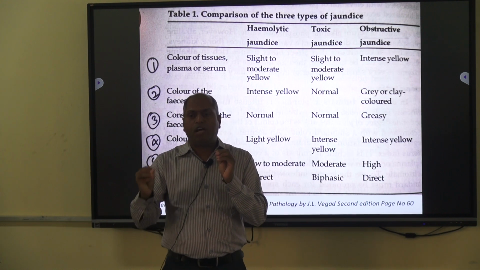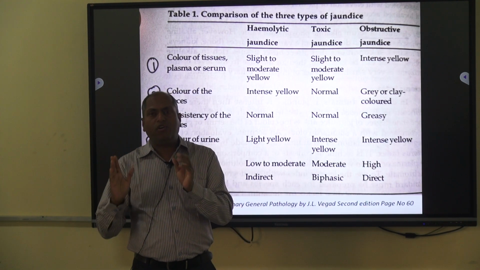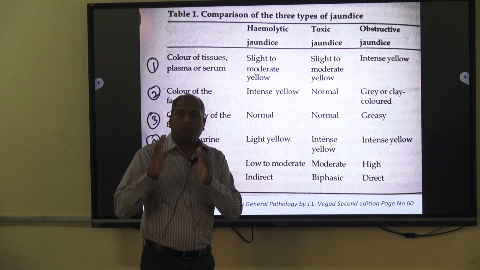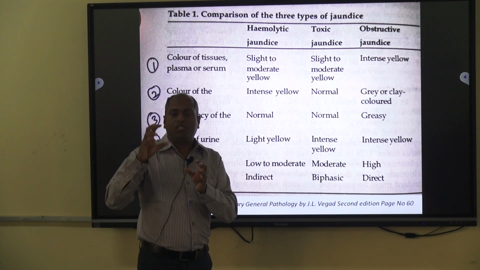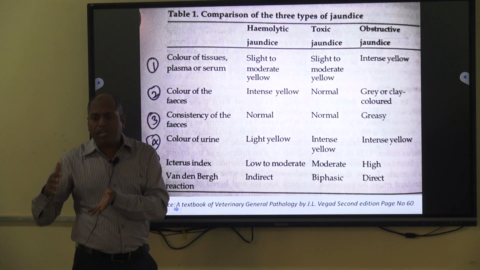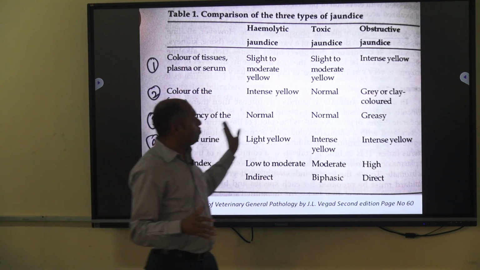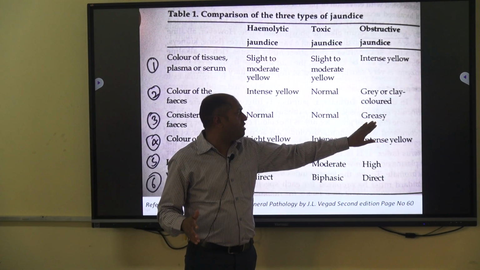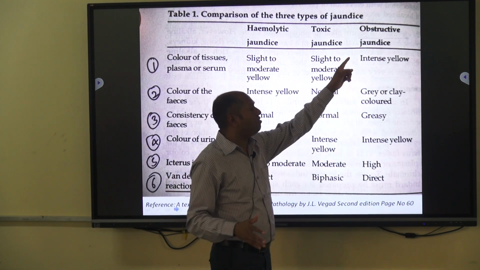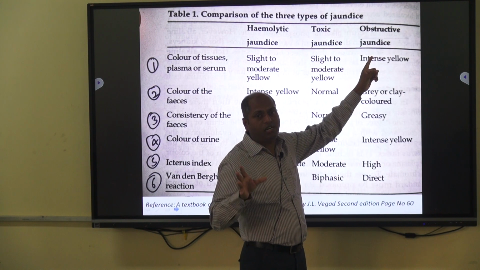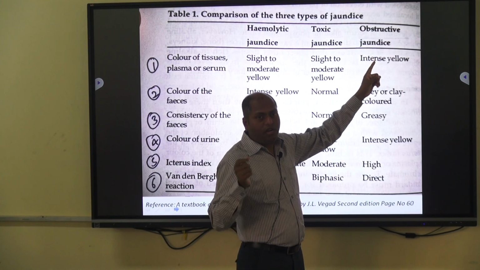Bile will not come into the intestine and will not emulsify the fat. When emulsification of fat does not happen, the fat will not be digested and will appear in the feces. So the feces will appear fatty or greasy. Instead of normal feces, you will get greasy feces in obstructive jaundice, because bile is obstructed and is not coming into the intestine.